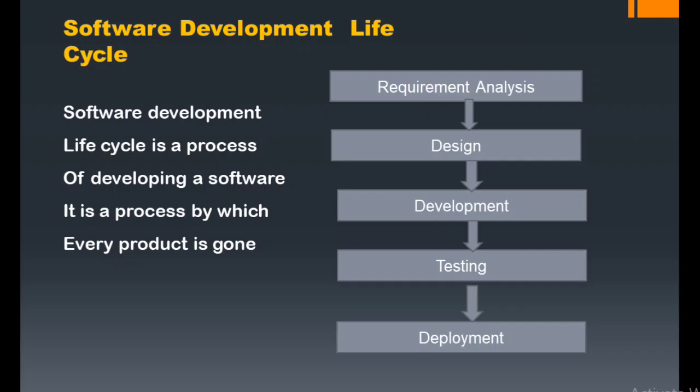Then the next phase is the design phase. In the design phase, the design team comes together and designs the software as per our requirements. Then a new document is attached to our requirement analysis, which clearly defines the whole design of our software. Then our requirement document moves to the next phase, that is the development phase.